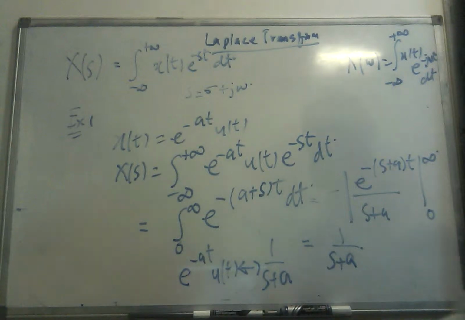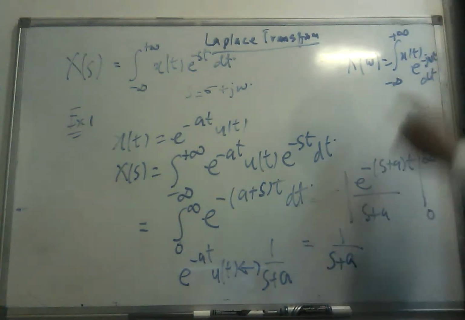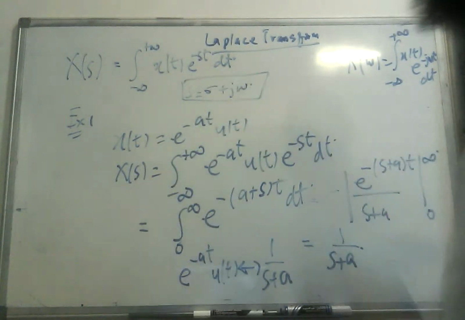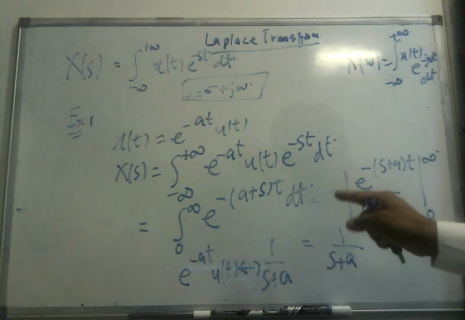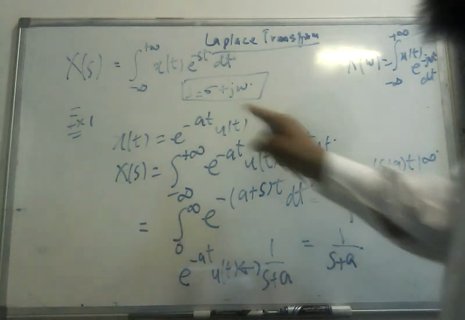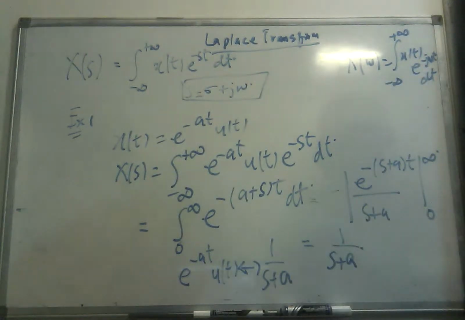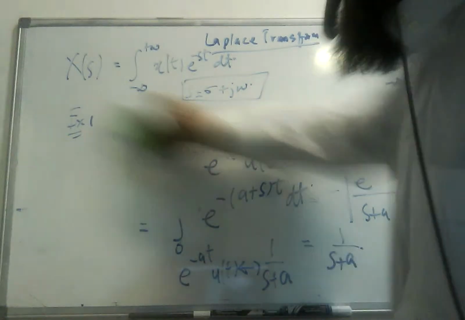Now, there is a relation between the Laplace and the Fourier, and that relation is because of this identity, that my s is equal to sigma plus j omega. So let us first write down the Laplace, and I can just delete this from here and leave the relation.